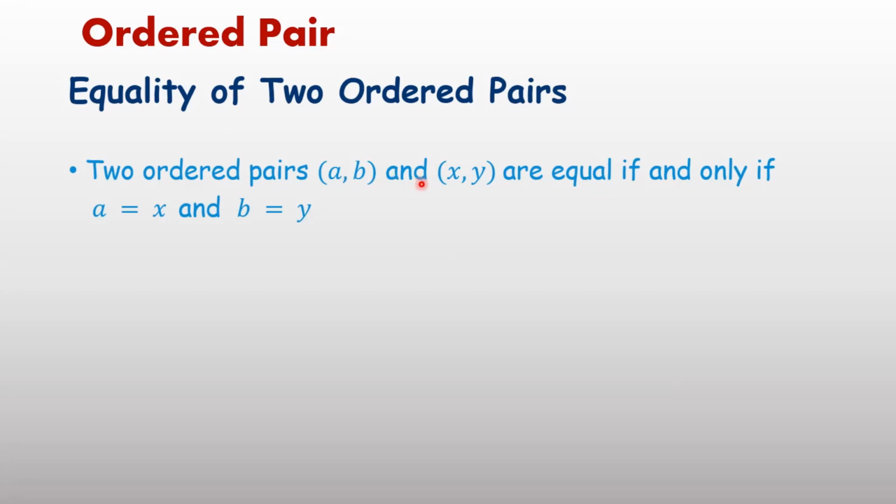Means in both ordered pairs, the first components are equal and the second components are equal. Then we can say both the ordered pairs are equal. Means ordered pair (a, b) equals (x, y) if and only if a equals x and b equals y. This symbol is used for if and only if.